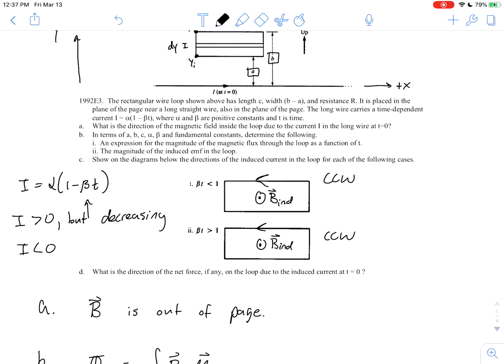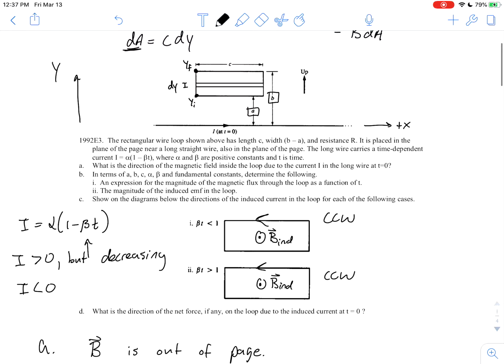Okay, so now we want to figure out what the direction of the net force, if any, on the loop due to the induced current at time 0. Okay, so if we look at the top picture here, at time equals 0, the current is going to be positive. And if time starts to increase, then we're going to have alpha times 1 minus something that's increasing, right?